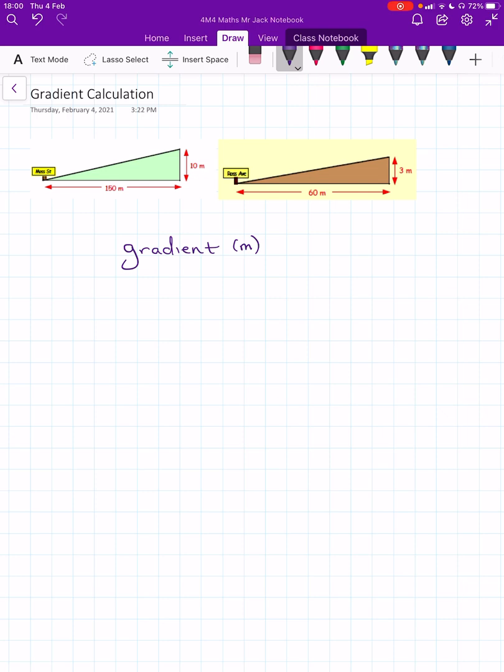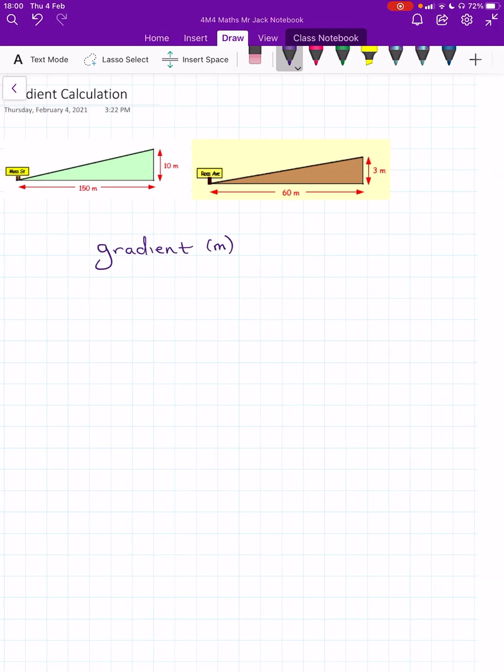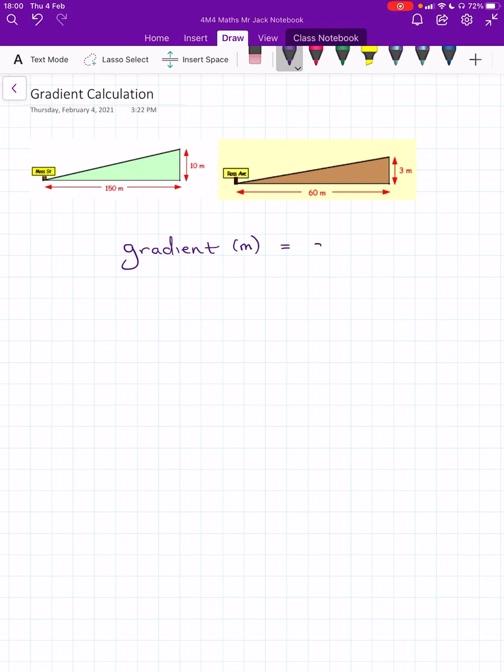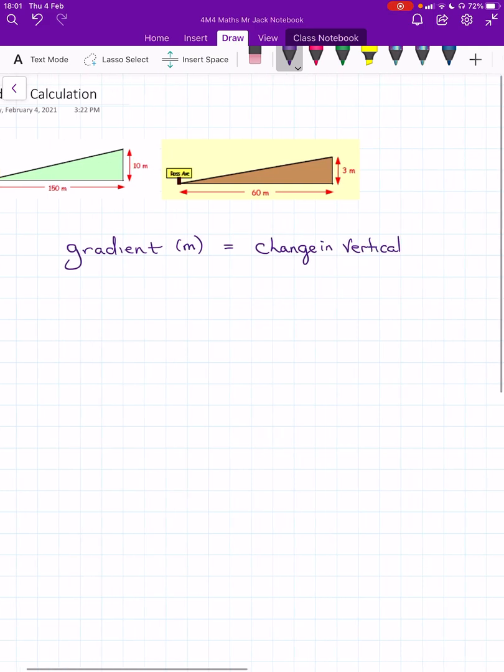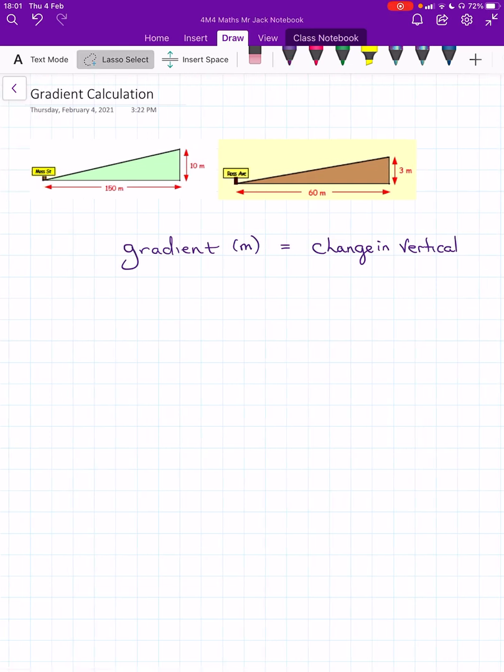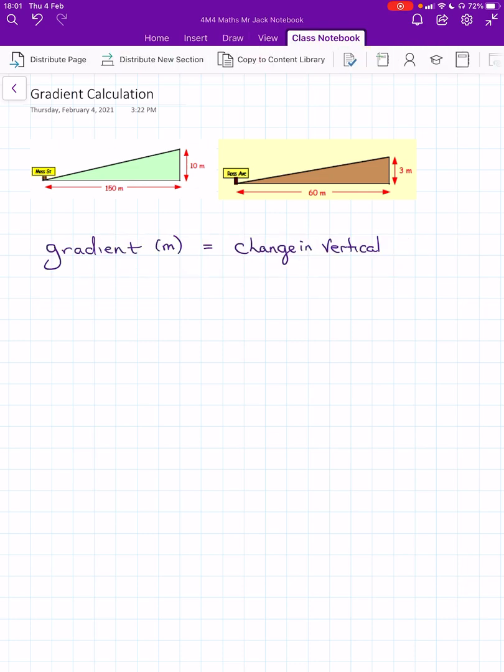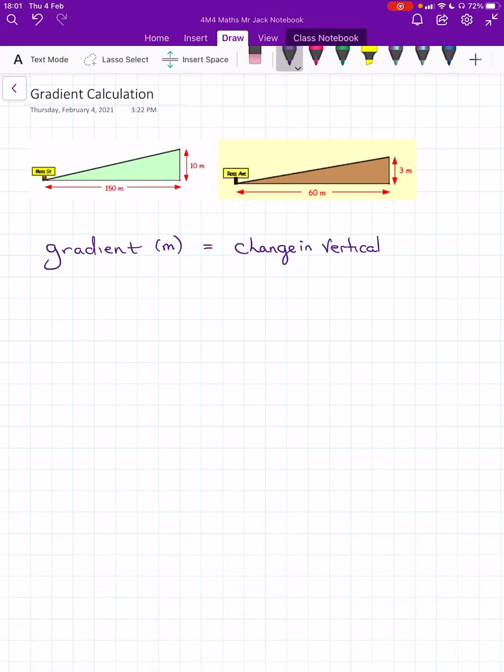I think it's something to do with the French origins of the word, but gradient is given the letter M, and gradient is the change in vertical height, and we divide that by the change in horizontal distance.